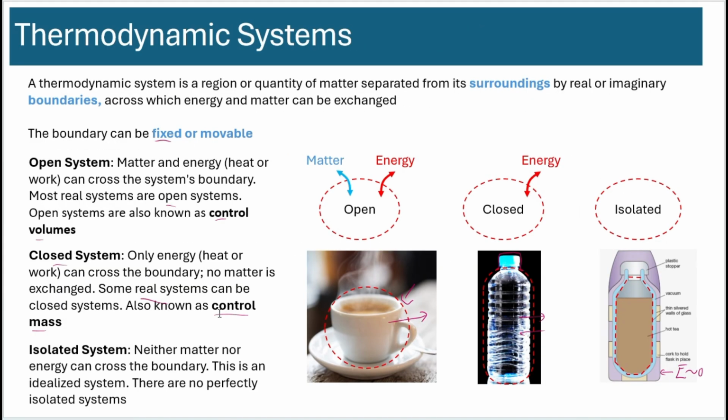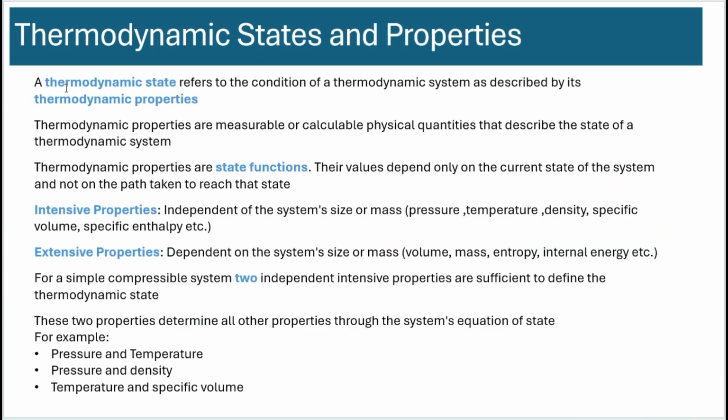So what condition is the system at? That's the state of the thermodynamic system. Now, how do you define that condition? It's based on the properties. So thermodynamic properties define the thermodynamic state, or the condition of that system.